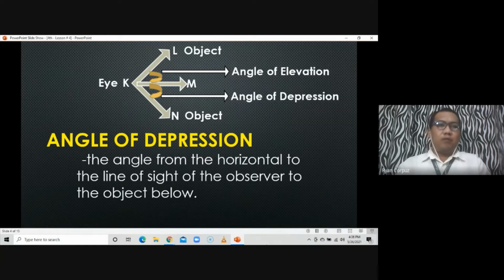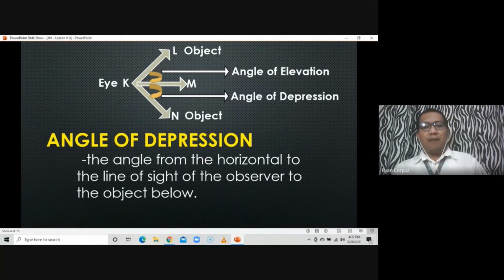And usually, makaka-form tayo ng angle of depression when the observer is above. For example, the observer is on top of the building at nakita siya ng tao below or a car below. So, makaka-form tayo ng tinatawag na angle of depression. But not necessarily mean na kapag nasa taas ka, puro angle of depression ang mai-form mo.